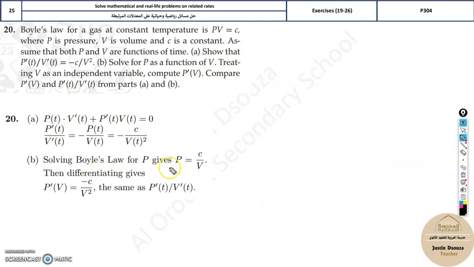Over here, again, they have told about differentiation. Just the same thing what we have done. See, compare. Now over here you need to find P dash with respect to volume. So what this means is, now function f of x is 1 by x. What is the answer? You derive this, minus 1 by x squared, right?